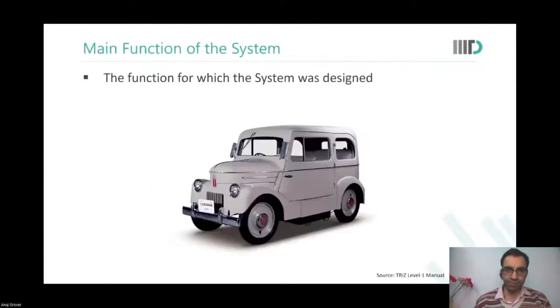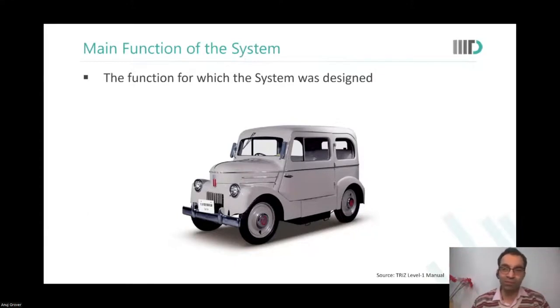Let's look at an example. What do you think is the main function of this car? There is one main function of any engineering system. So what is the main function of this car? Traveling. Transportation. Let us use the language of functions.